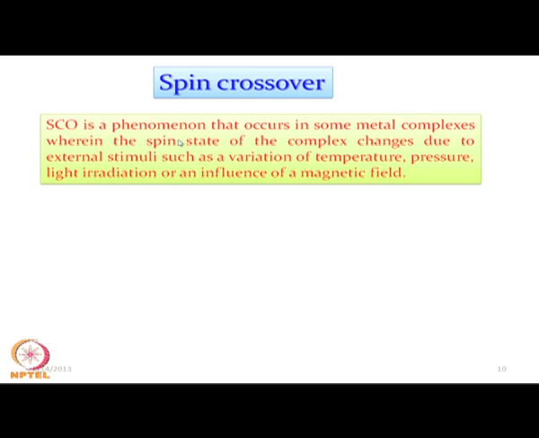It is a phenomenon that occurs in some metal complexes. Not all metal complexes will give the spin crossover situation, wherein the spin state of the complex changes due to external stimuli such as variation of temperature, pressure, light irradiation or an influence of magnetic field.